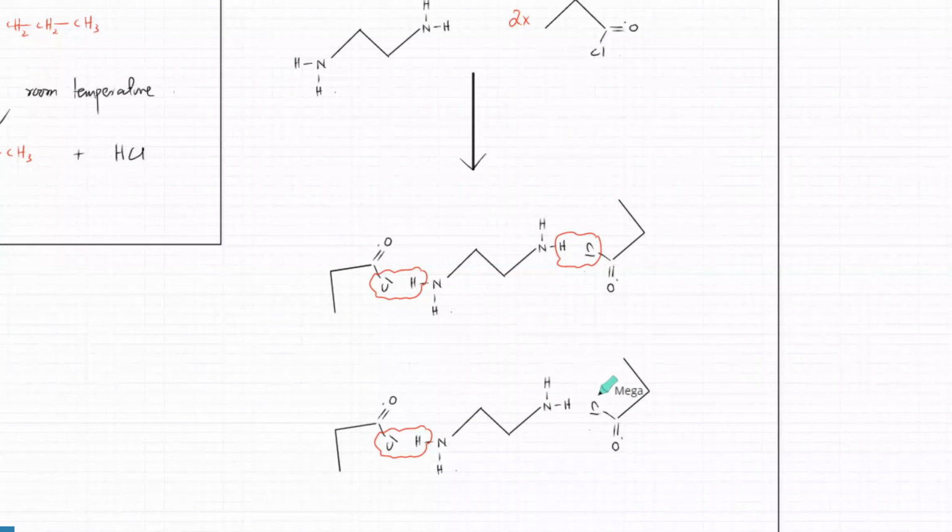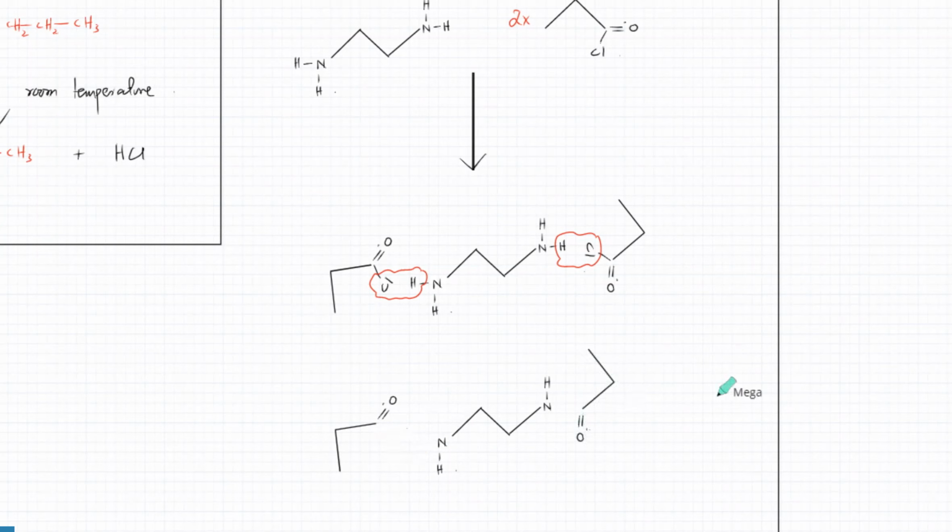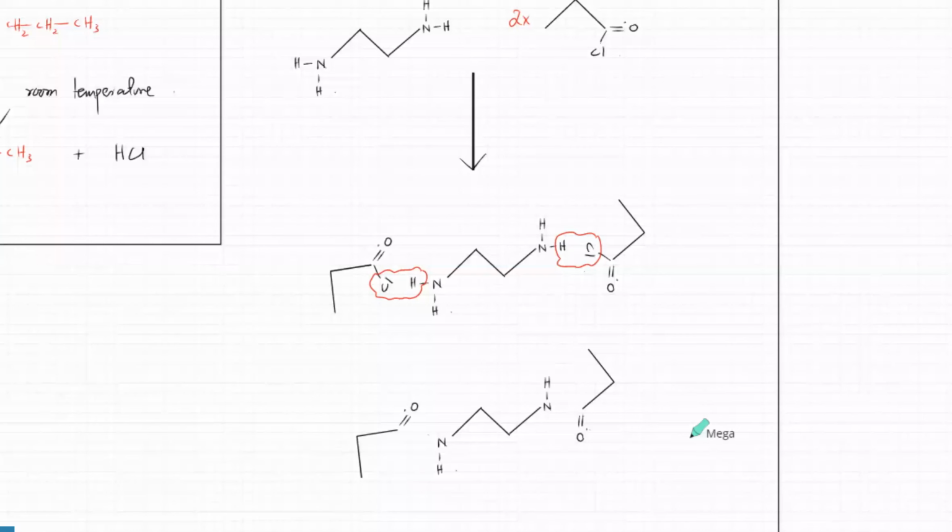So the H and the Cl are lost, and I'm going to connect the two things together. So the two things will be connected together. So they're forming a C=O bond.